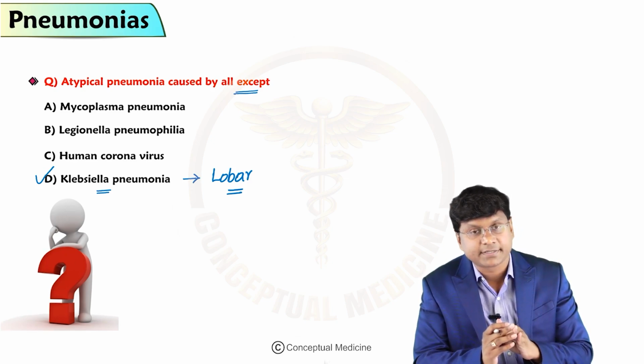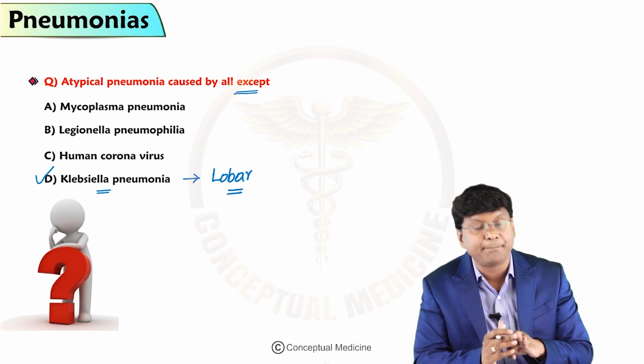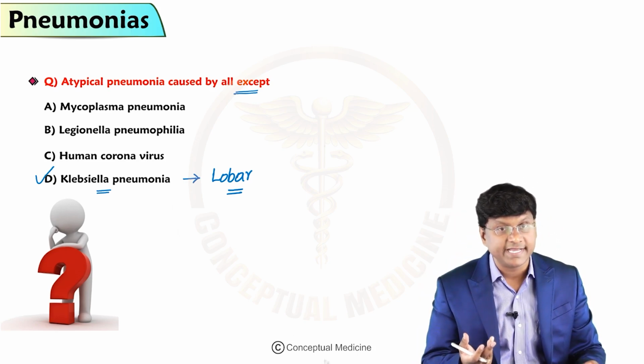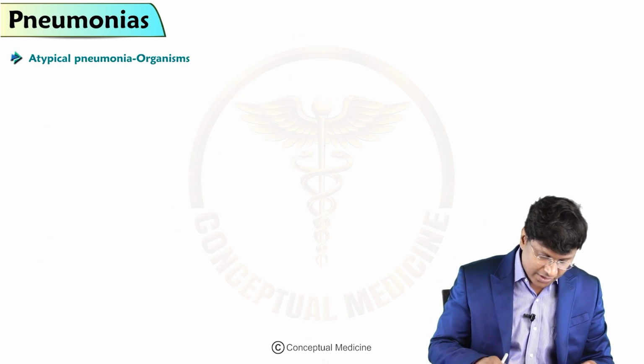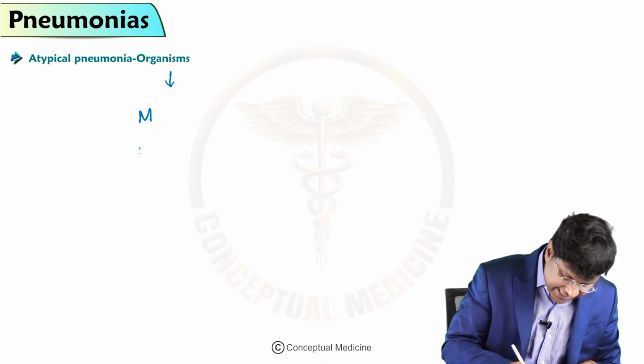The lobe affected is the posterior segment of the upper lobe, and that we call the bulging fissure sign. Now, for the organisms causing the atypical pneumonias, please remember the mnemonic MLC.